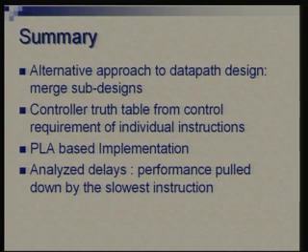We looked at one possible way of realizing it, PLA based, and finally we analyzed the design from a performance point of view, looked at how different paths are formed through which data has to flow and their implications on performance. We noticed that in this particular design approach the slowest instruction pulls down the performance of everything, and in a subsequent lecture we are going to see how to get rid of that. Thank you.